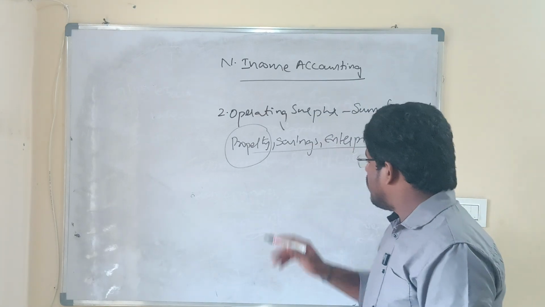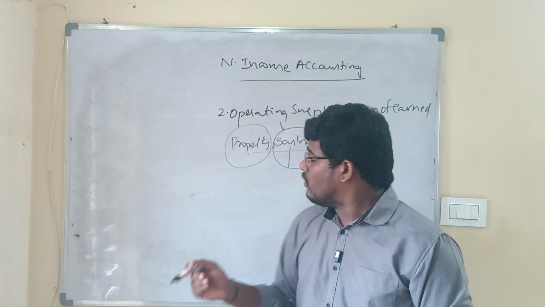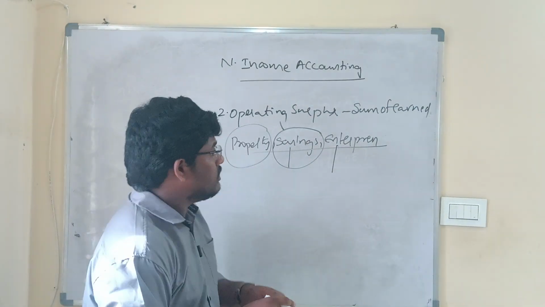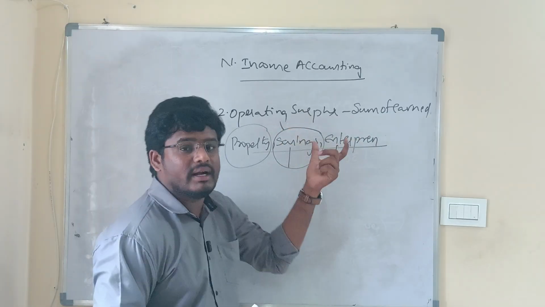Whatever incomes are generated from savings, it is referred to as interest. Whatever incomes are earned from entrepreneurship, that is profit. So the sum of these incomes together is referred to as operating surplus.